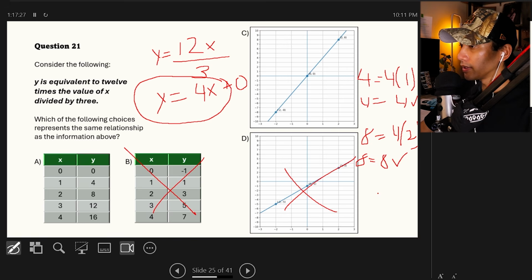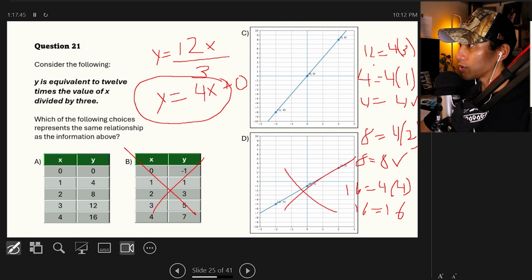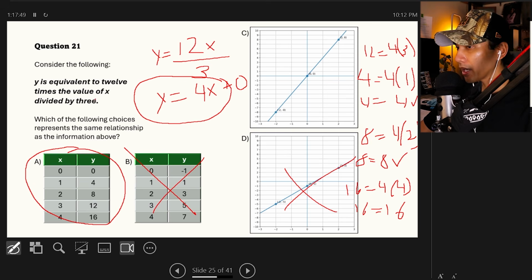That checks out. Okay, let's just try the last one just because. 16 equals 4 times 4, 16 equals 16. I think we're good to go. Let's just try 12 equals 4 times 3. 4 times 3 is 12, 12, 12. This seems like the correct answer. I think I'm going to go with A.